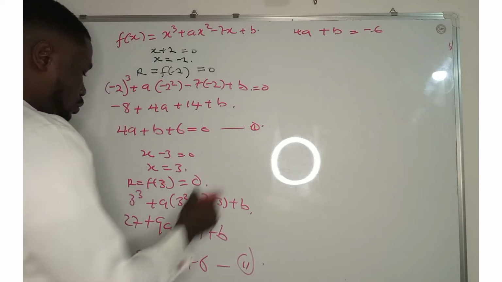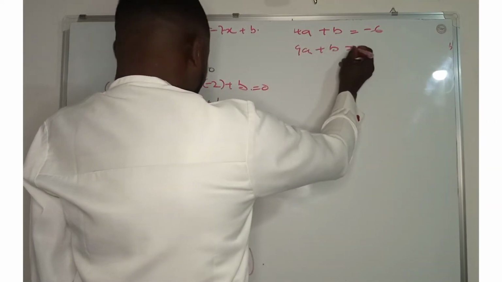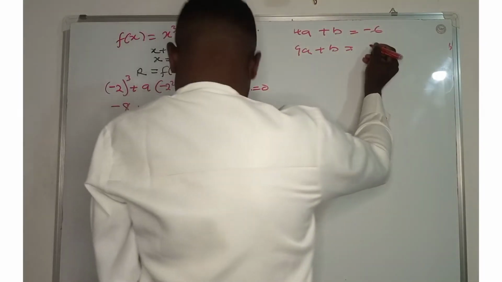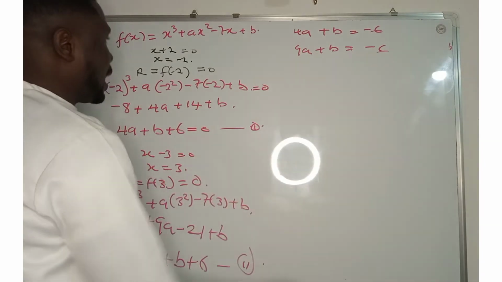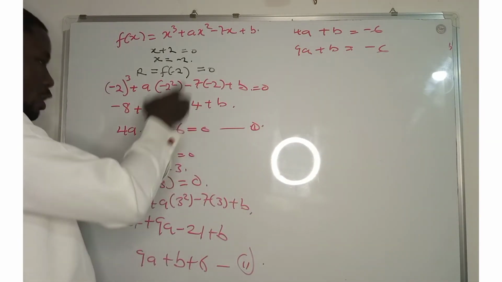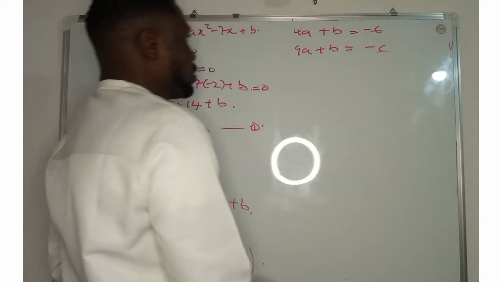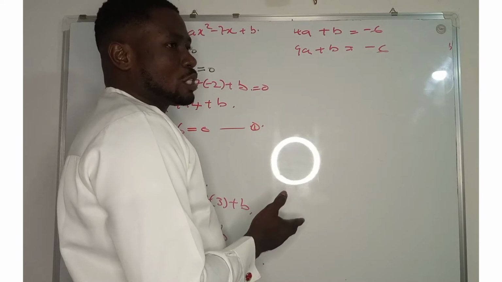Then equation 2 is 9a plus b, and this 6 going to the other side becomes minus 6 as it crosses the equality sign.